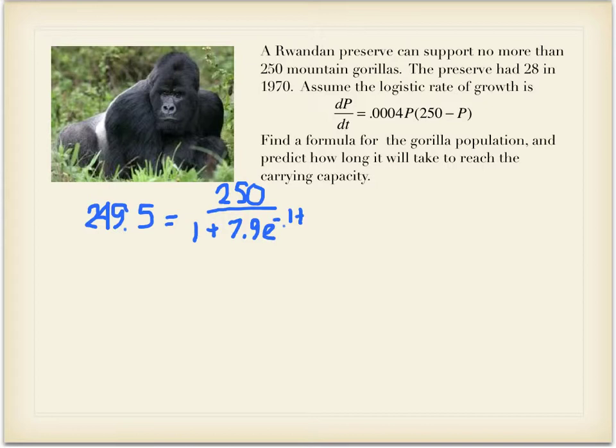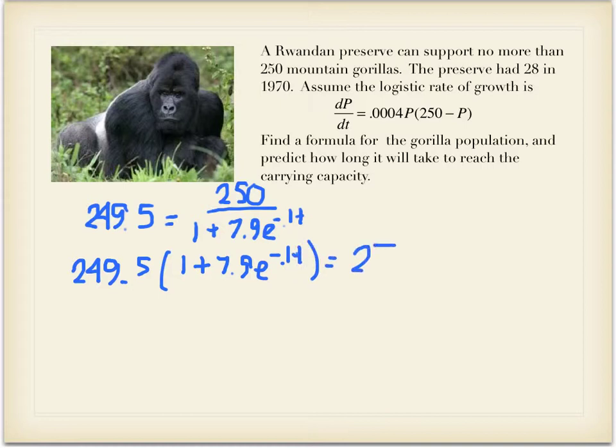If you remember a little bit from last lesson, the way to get at that exponent is to use some logarithms. We'll be doing that here in a second. To try to solve this, I'd probably multiply both sides by this denominator right here. So what I'm going to end up with is 249.5 times that 1 plus 7.9 e to the negative 0.1 t, and that should equal 250.